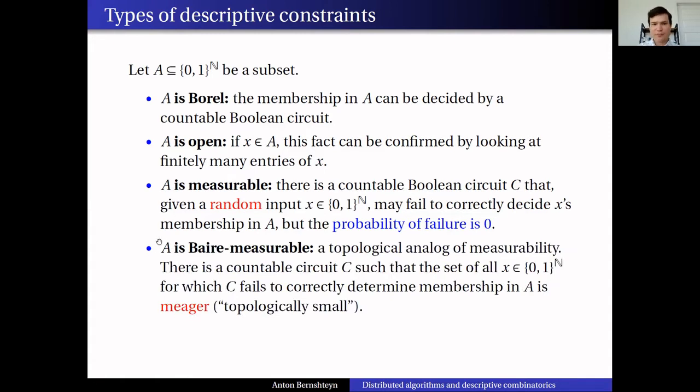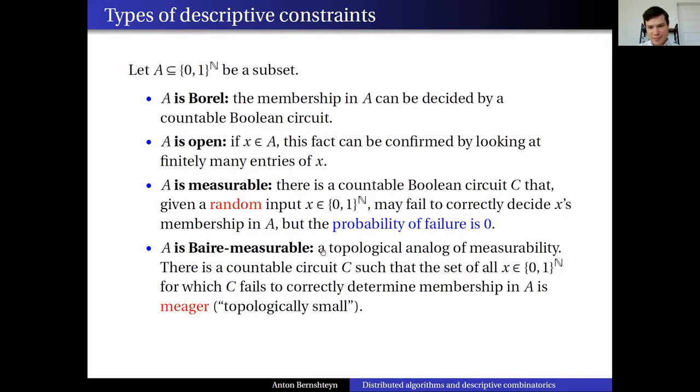There is another notion I should mention, which is A being Baire measurable. I will not define this precisely, but you should think of it as a topological version of measurability. So instead of using probability to say that a circuit fails with probability 0, here we use the topology on our space to define a topological notion of smallness.